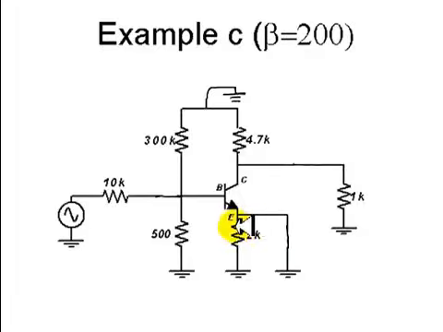It is bypassing this 2 kilo ohm resistor. So the emitter is connected through the reference node to the output load and also through the reference node to the input signal source. The emitter is common to the input and common to the output. That's why it's called a common emitter bias circuit with a voltage divider.